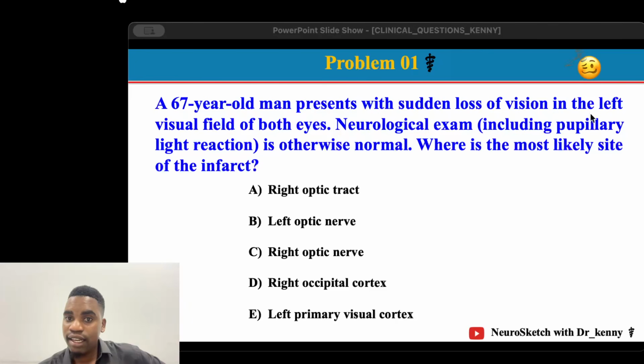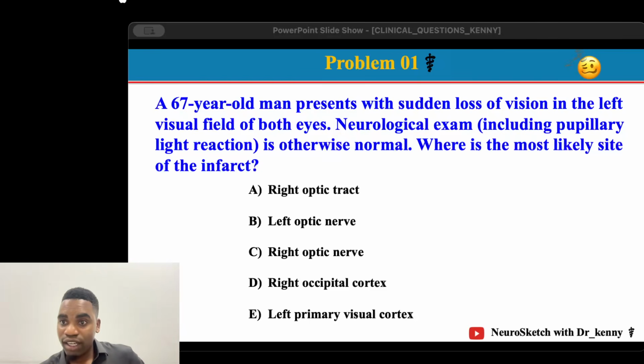So there is left visual field loss in both eyes. What do we call them? We call them the left contralateral hemianopsia. For us to have the left contralateral hemianopsia, what do we need to damage? All this information will go to the right optic tract all the way to the right visual cortex. Remember, because we have the ipsilateral temporal fibers and the contralateral nasal fibers, they will project to the right side of the brain.